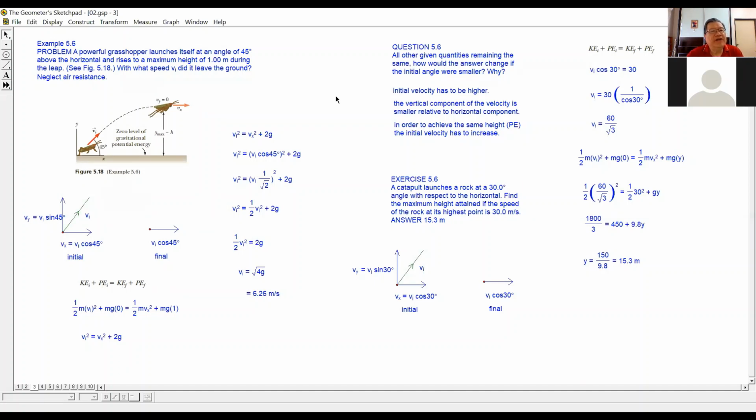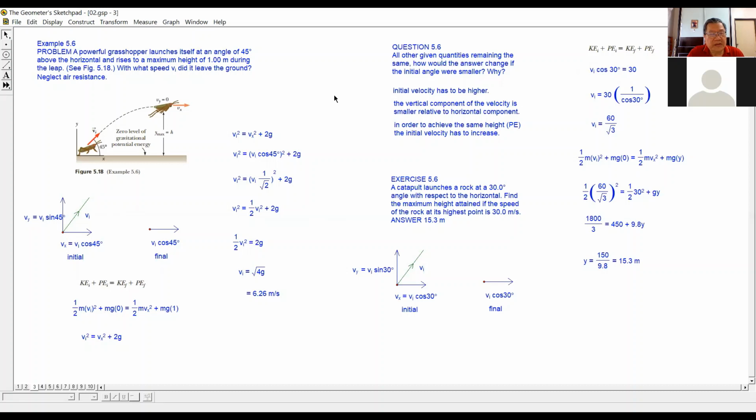The initial velocity is vi, but the path taken is not a direct fall or jump directly upward. Now this initial velocity vi is at an angle of 45 degrees with the horizontal.